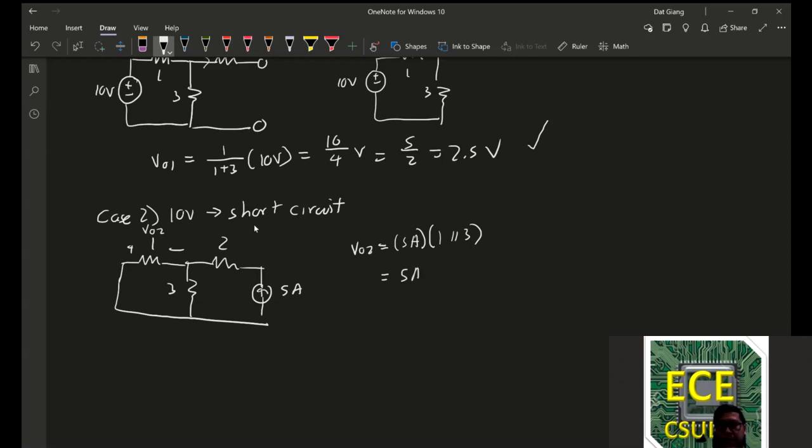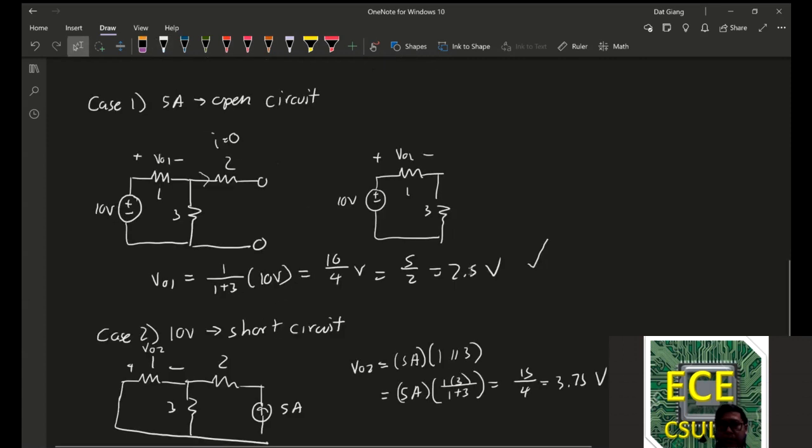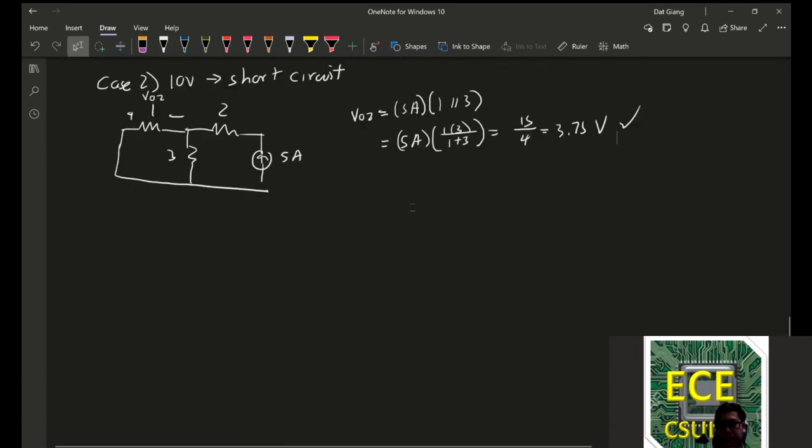So we have 5 amps times 1 times 3 divided by 1 plus 3, which gives us 15 over 4, which we can't simplify any further, but this is roughly 3.75 volts. That's okay. Neither of these are negative, so we're okay. And even if it's negative, it should be fine.